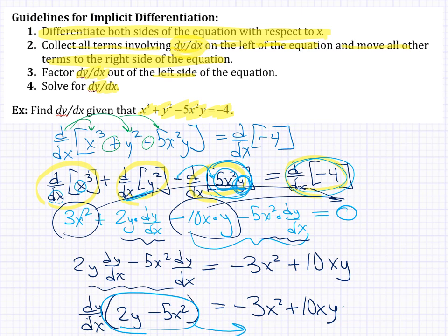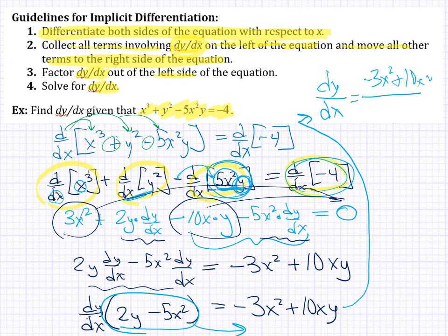And I ran out of room here, so I'm going to tuck it up here, and I get dy dx equals negative 3x squared plus 10xy divided by 2y minus 5x squared. And that's your derivative. Okay? And we did that implicitly.